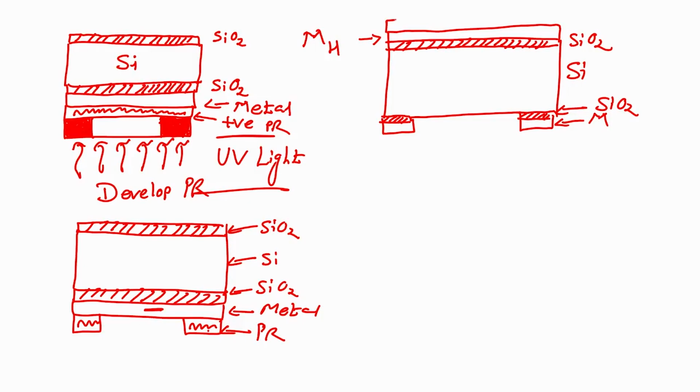Then I will spin coat photoresist, this is my positive photoresist. After spin coating the photoresist, we will pre-bake it, 90 degrees for 1 minute.